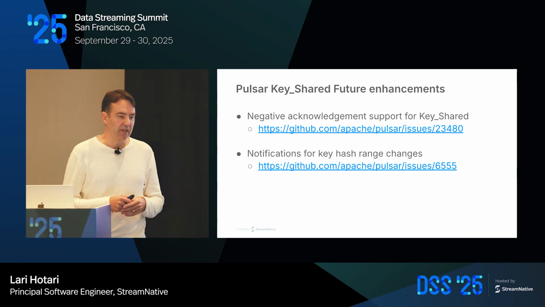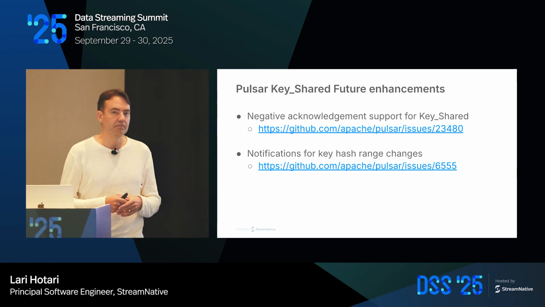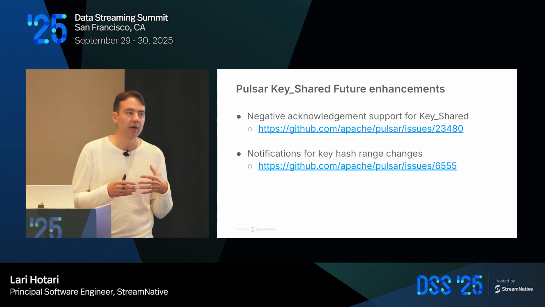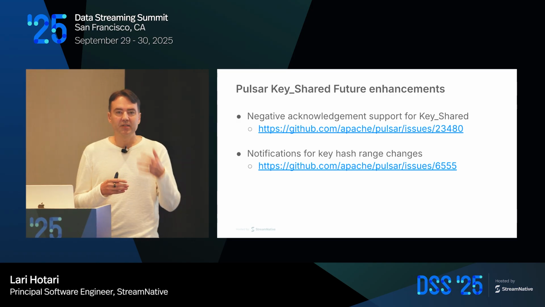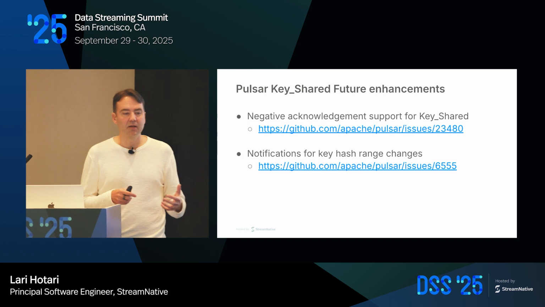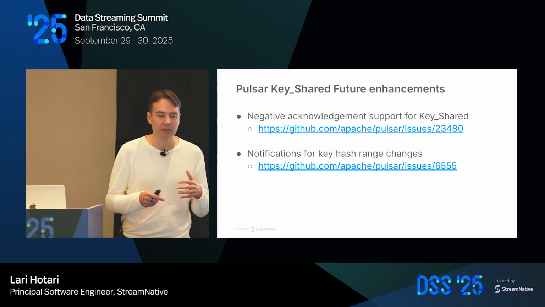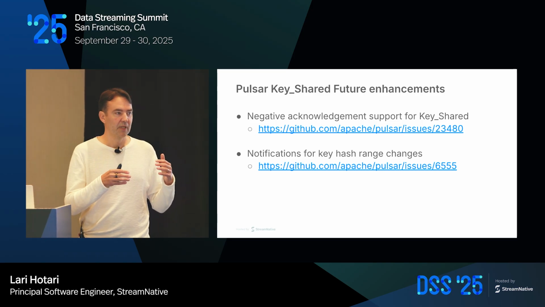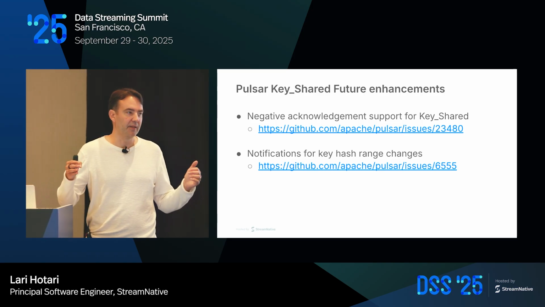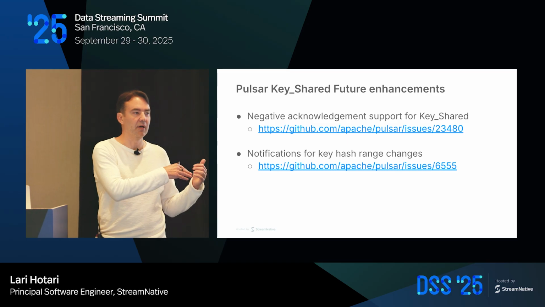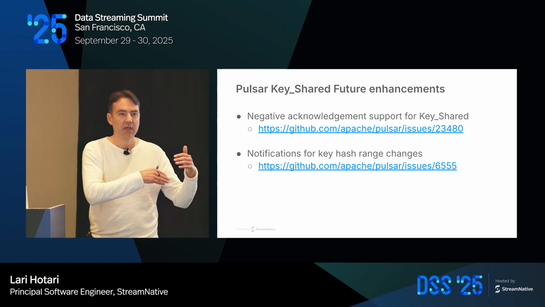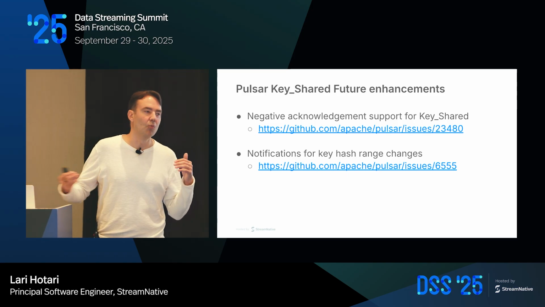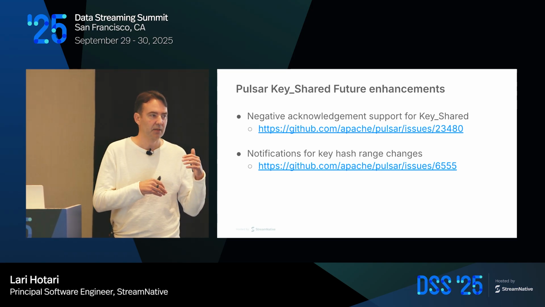One of the details of this negative acknowledgement support is that most likely it would work in a way where when a message is negatively acknowledged, it would have some client-side solution to keep on hold those messages that have already been delivered to the client and are in the buffers. And then it would send a message to the broker to stop sending more messages with this key.